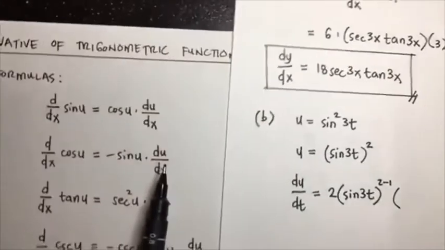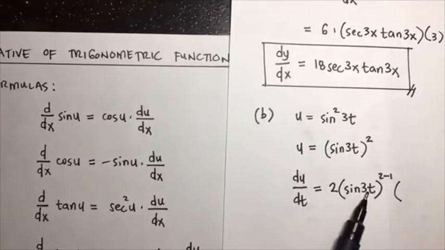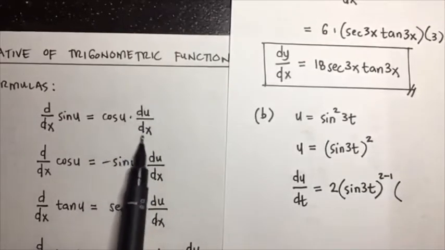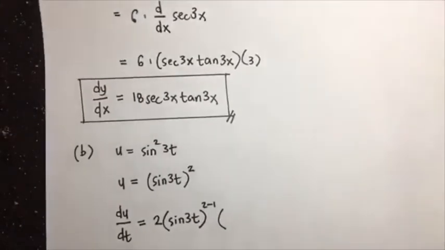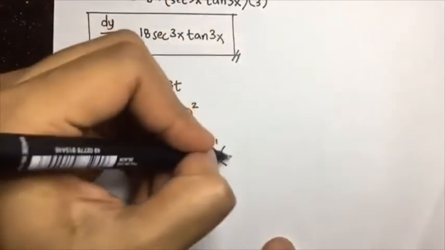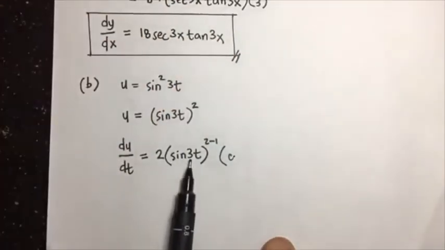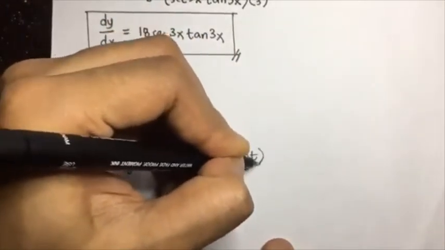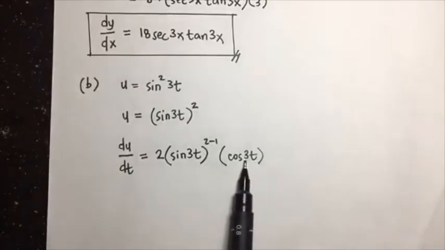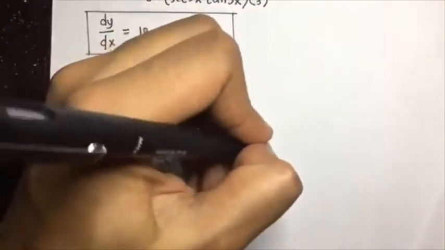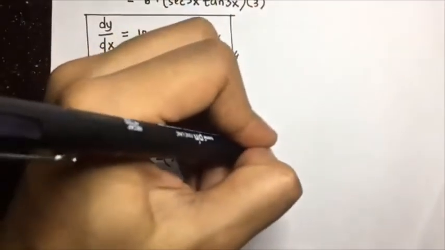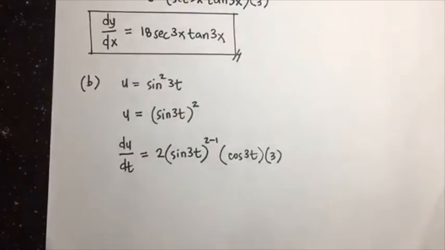If our u is 3t, then its derivative will be cosine of 3t multiplied by the derivative of 3t with respect to t, which is 3.